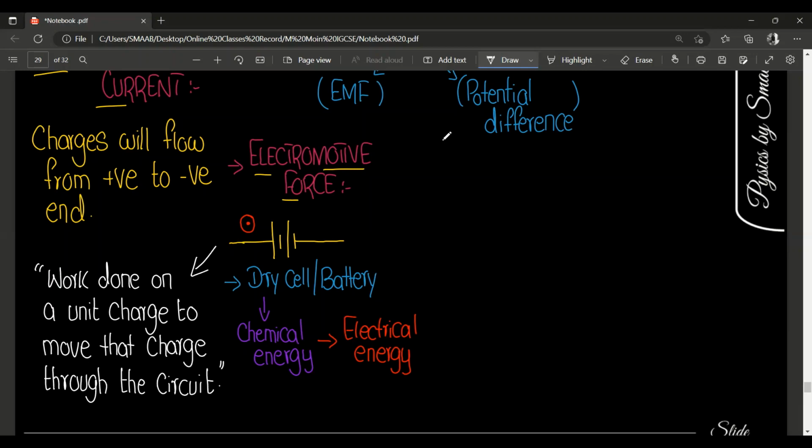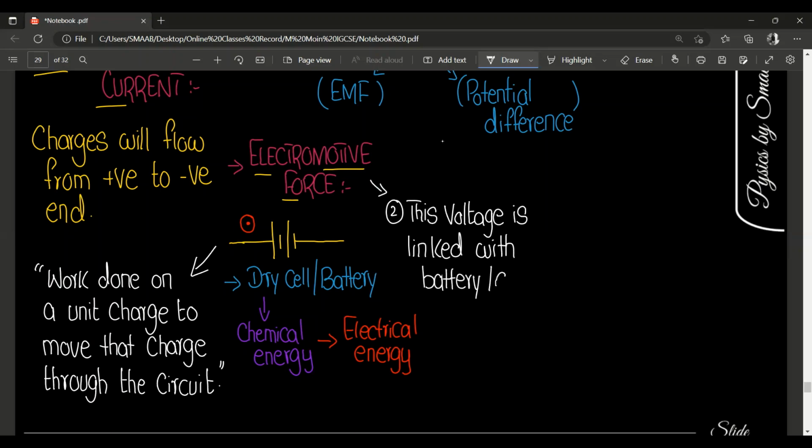And further, if we discuss EMF, this is the voltage. This voltage is linked with a battery, cell, or any source.